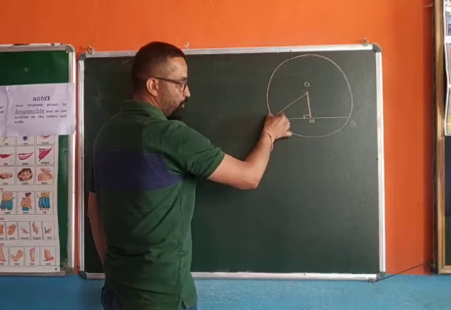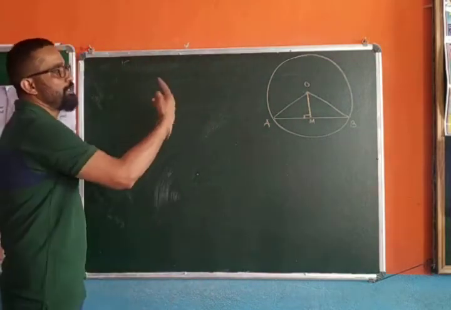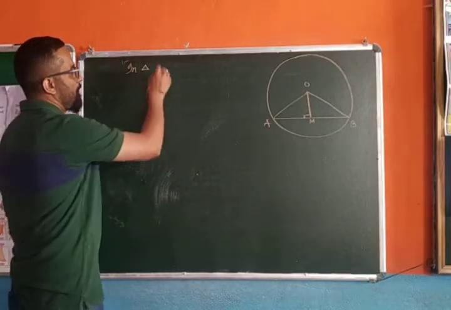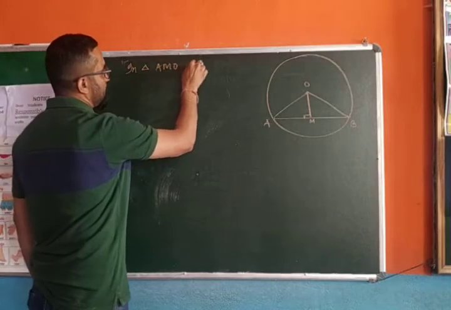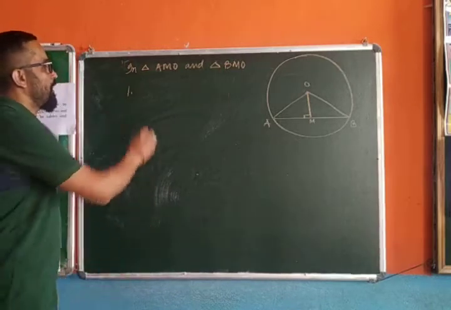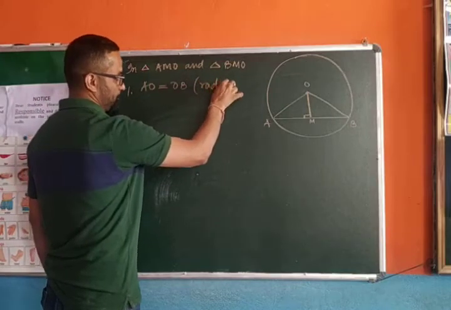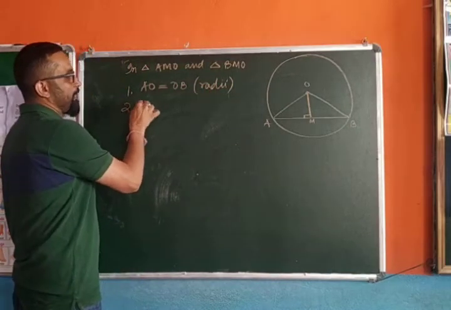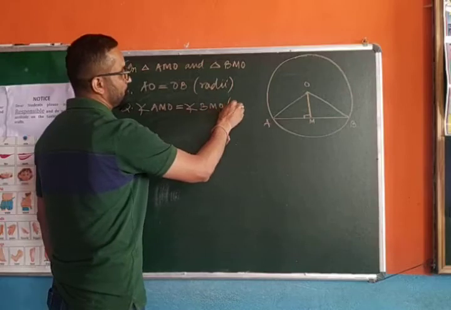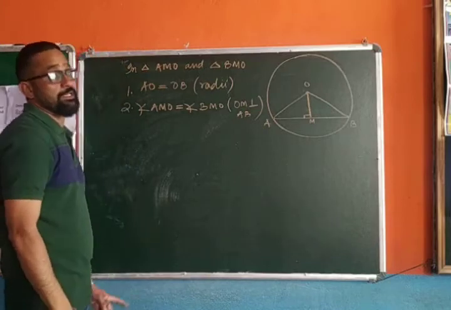So we join AO and OB. Prove these two triangles are congruent. In triangle AMO and triangle BMO, first one, AO is equal to OB, radii. Second one, angle AMO is equal to angle BMO. OM is perpendicular to AB, means it makes 90 degree angle with the chord.